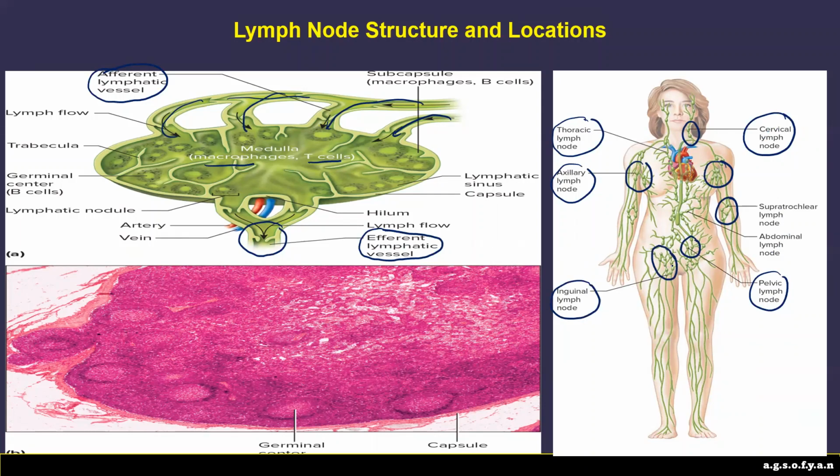These are the locations of the lymph nodes. Each of these is actually a group of lymph nodes. Many lymph nodes connect with one another, so the filtration and processing is performed several times from one lymph node to another, and finally the lymph enters this duct. This is the thoracic duct.